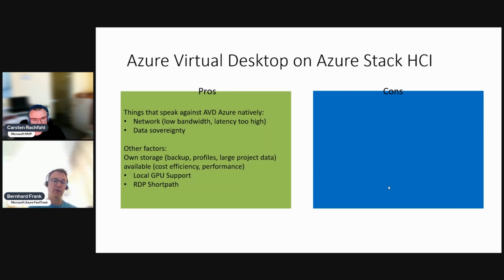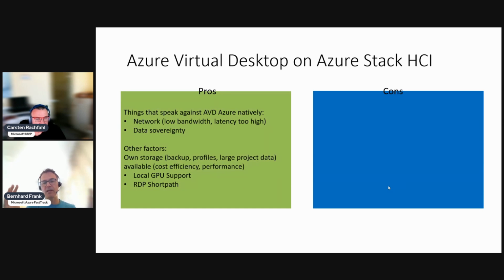And combined with that, RDP Shortpath is an interesting one, which means we have seen that the user is connecting through Azure to get to his desktop, right? But RDP Shortpath is a way of, when this connection is established through Azure, the client and the desktop are sort of exchanging, where are you?